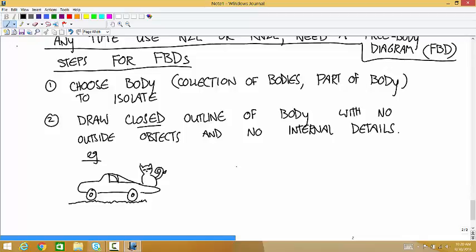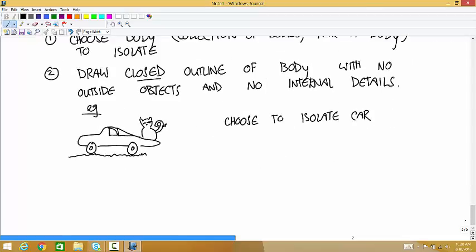Okay, say you choose to isolate the car. Then it's going to look like this. But don't do it like this.